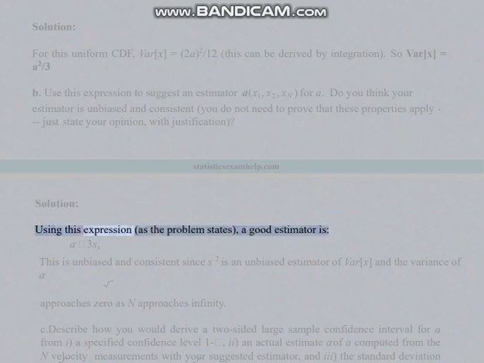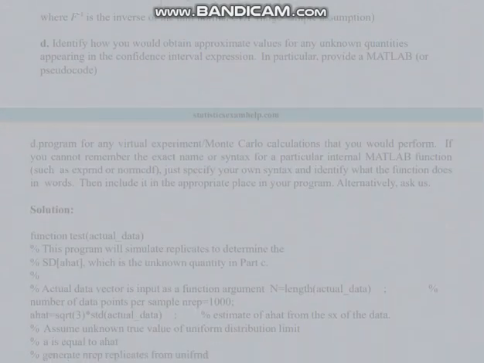Using this expression, as the problem states, a good estimator is a hat equals square root of 3 times Sx. The interval is a hat minus SD of a hat times F inverse of 1 minus alpha over 2, less than a, less than a hat plus SD of a hat times F inverse of alpha over 2, where F inverse is the inverse of the unit normal CDF, large sample assumption.